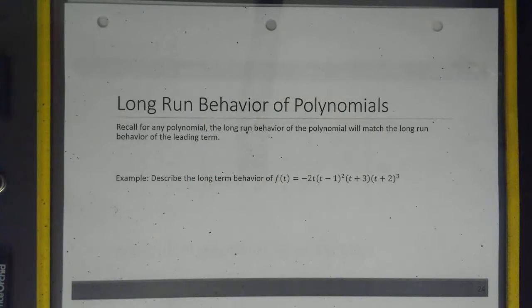So we looked at this before when we had an expanded polynomial, but in this case, it's all factored. We want to see if we can still determine the long-term behavior of f of t equals negative 2t times t minus 1 squared times t plus 3 times t plus 2 cubed. Now, if you really want to multiply all those together, be my guest, but I have a feeling there's a slightly better way.